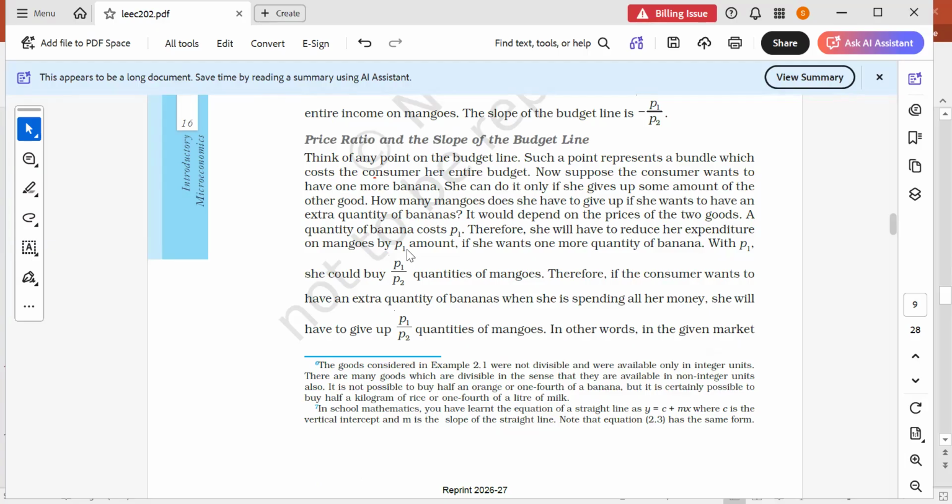She could buy P1 by P2 quantities of mangoes. So basically, if the consumer wants one more banana, she can do it by giving up some amount of other things. How many mangoes does she have to give up? It would depend on the price of the two things.